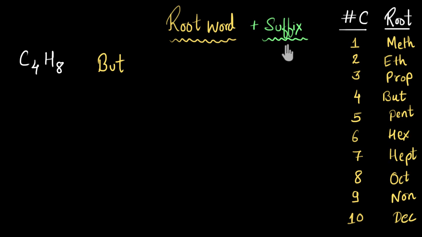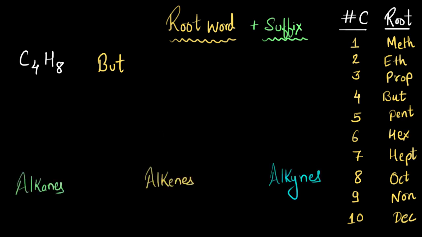Now suffix, this denotes whether the molecule belongs to the alkane family, alkene or alkyne family. Now how do we find that out? By just looking at the formula. Well, if you recall, in a previous video of alkane, alkene and alkynes, we talked about the general molecular formula. Alkanes' general molecular formula was CnH2n+2, which means that all alkanes will have the number of carbon atoms and hydrogen atoms in this proportion.